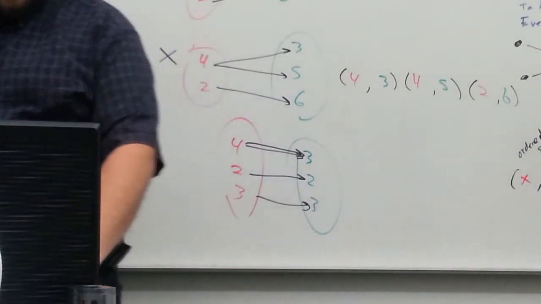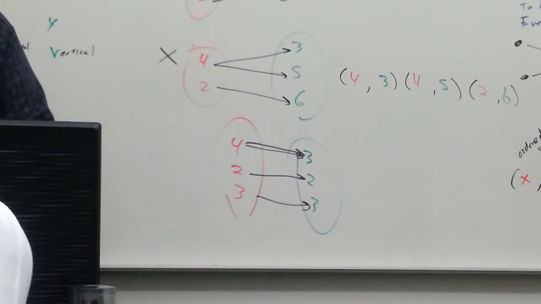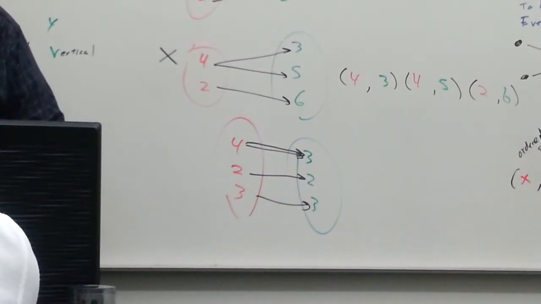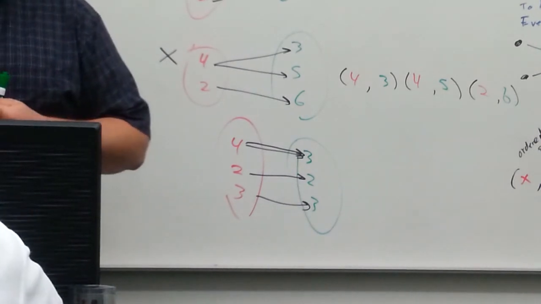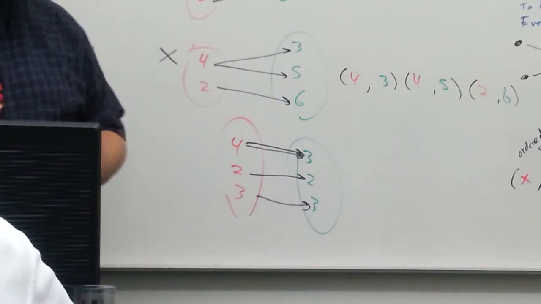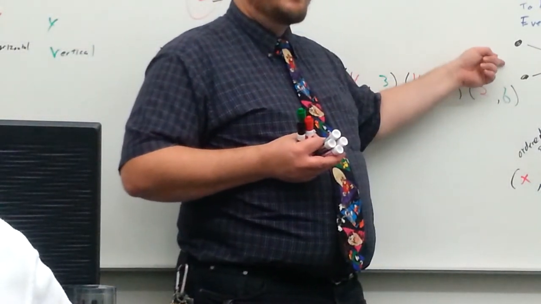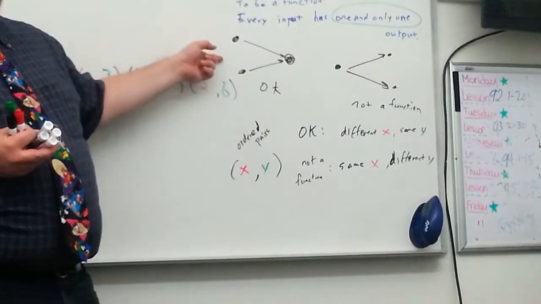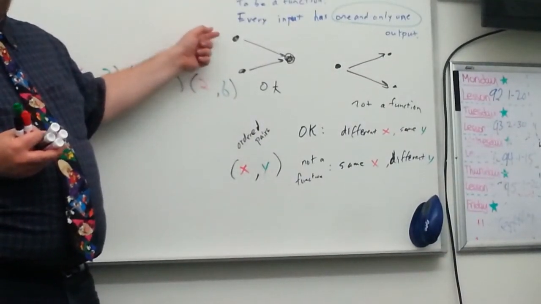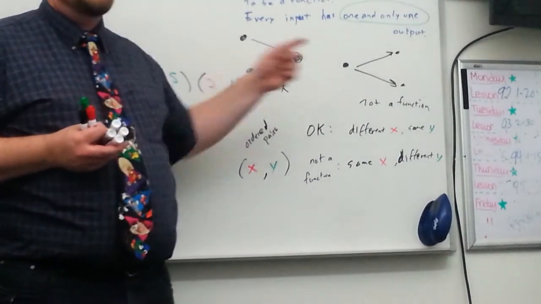All right, take a look at letter D. Function or not a function? Why not? Because 1 goes to -1, 4 goes to -1, and -1 goes to -1. Is it possible for a 1, a 4, and a -1 all to go to -1?